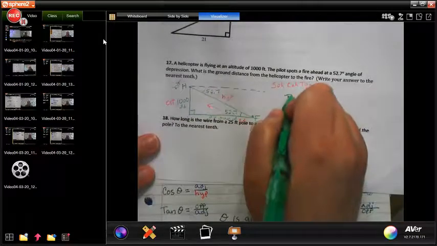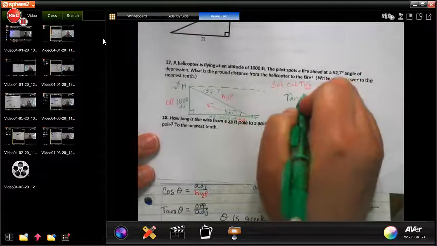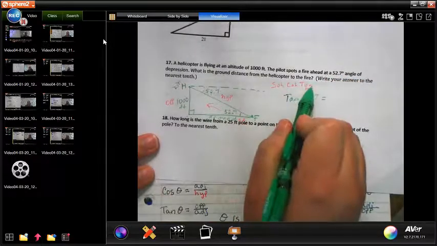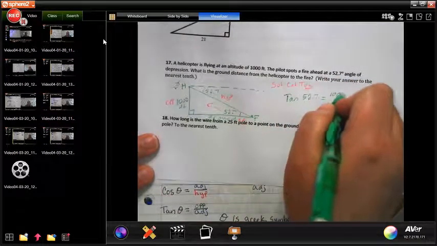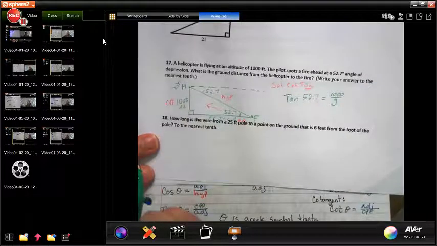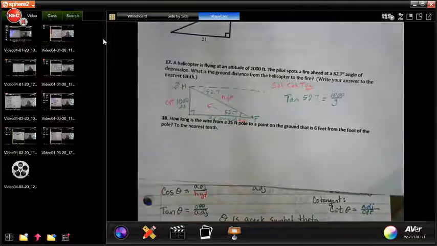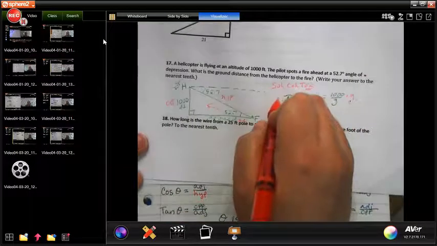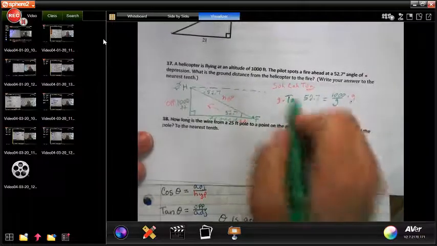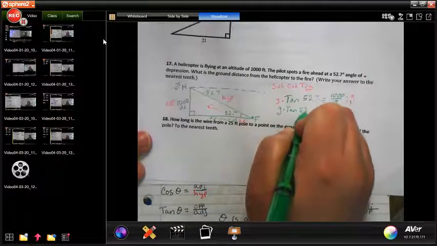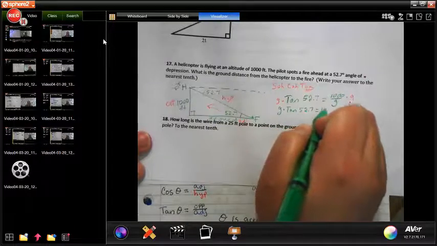Tangent of 52.7 equals O over A. So 1000 over ground. G for ground. We can't have G in the denominator, so we multiply both sides by G. So then we get G times tangent of 52.7 equals 1000.